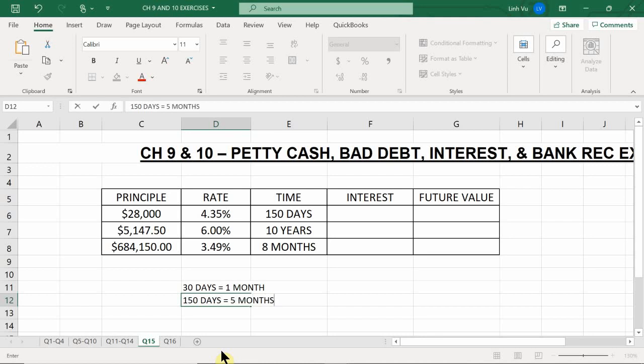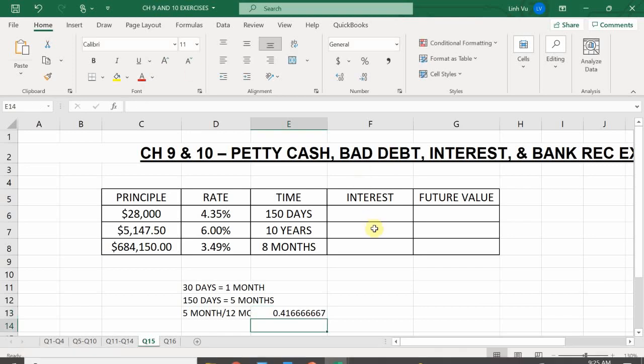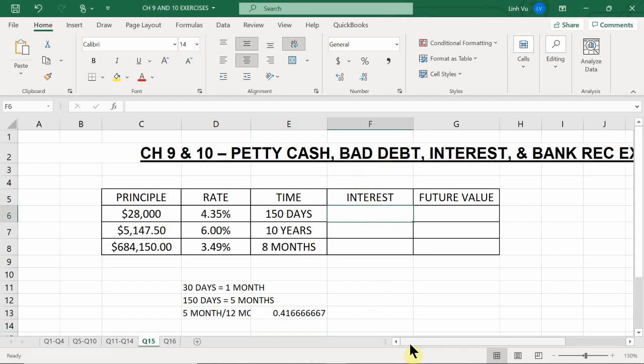And then, of course, what is 5 months compared to 12 months? That's the number you need to look for. So in this case, whatever 5 divided by 12 is. How should I calculate this?